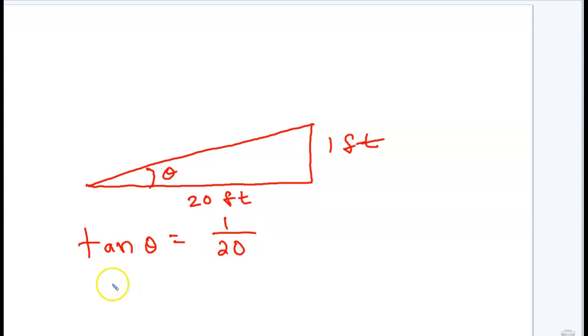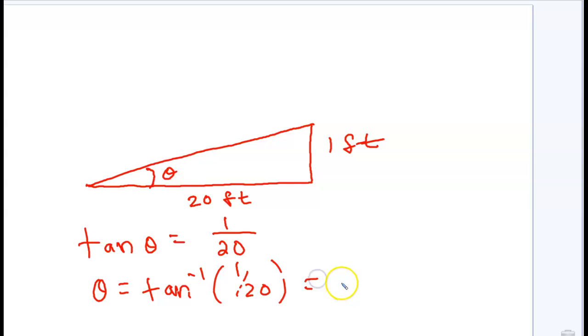Now I want to find the angle, so I'm going to take the arctan of both sides. By doing that, theta is going to equal tan inverse, or arctan, of 1 over 20. Using my calculator, arctan of 1 over 20 works out to be 2.9 degrees.